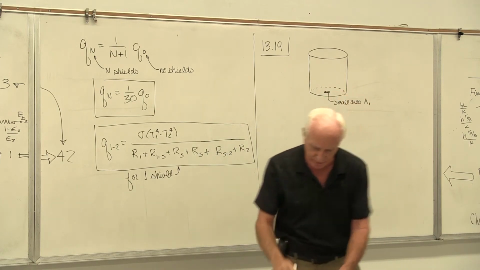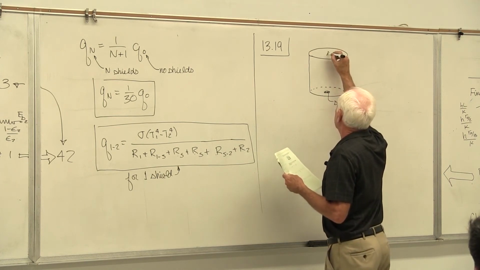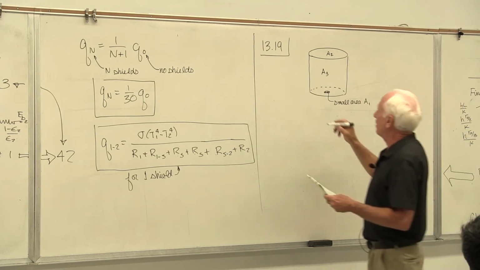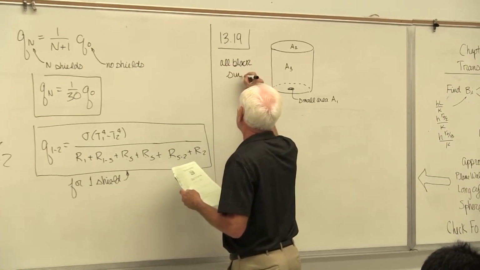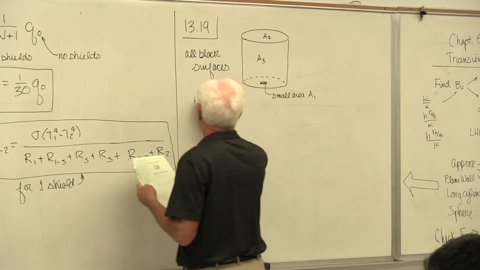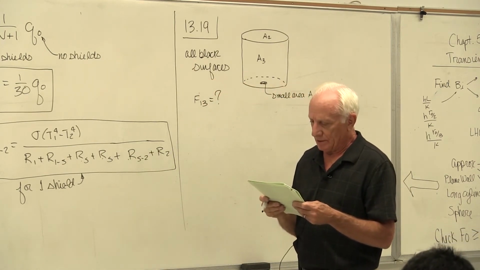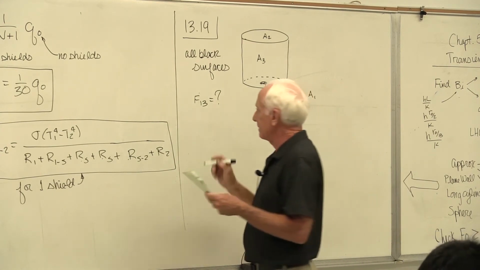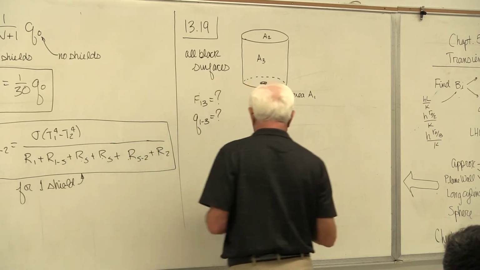Let me make sure I get these right. A1 is the small area, A2 is the top surface, A3 the side walls. Problem says they're all black surfaces. Determine the value of F13. Calculate the net radiation heat transfer from A1 to A3.